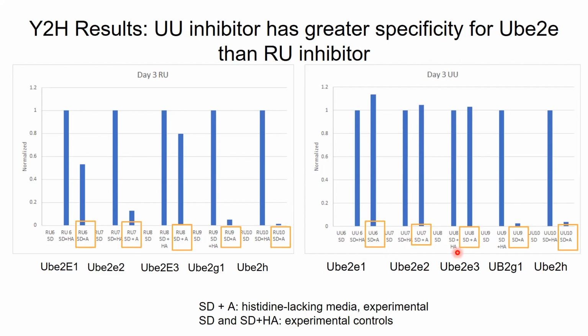So that shows us that there likely isn't interaction there. So for the RU results, we also see some interactions with the UBE2Es and very little to no interaction with the UBE2G1 and the UBE2H. However, the RU does show reduced activity with the UBE2Es compared to the UU, which means the UU has the greatest specificity for the UBE2Es.